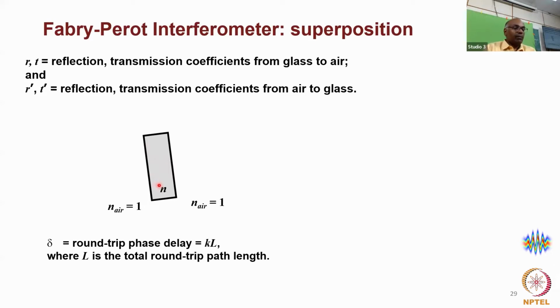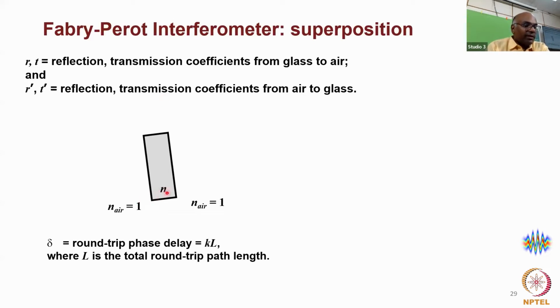Now, this glass piece, which forms the interferometer, I've shown with finite boundaries, but in this idealized situation, let's not even limit the length of this piece. Assume it to be really very, very large.